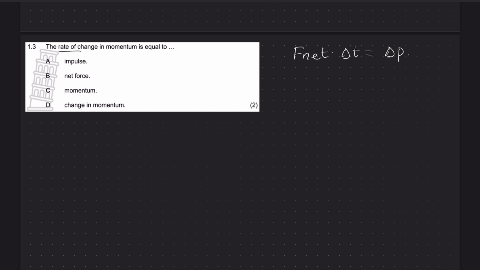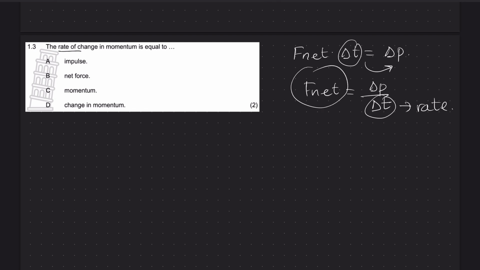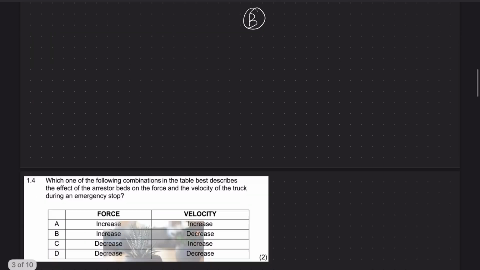Now, the rate of change means we need to take the delta t over. So F net equals delta p divided by delta t. So this tells us the rate, and the rate is F net. So the answer is B.